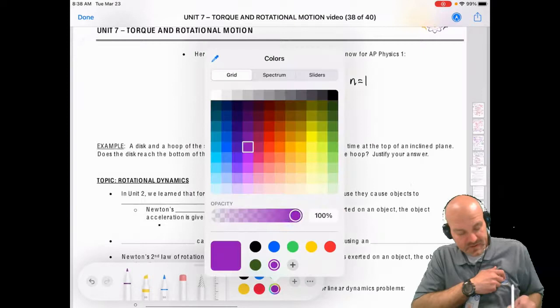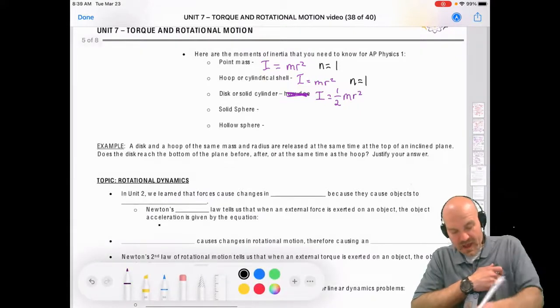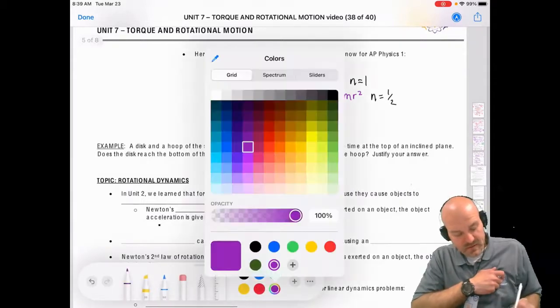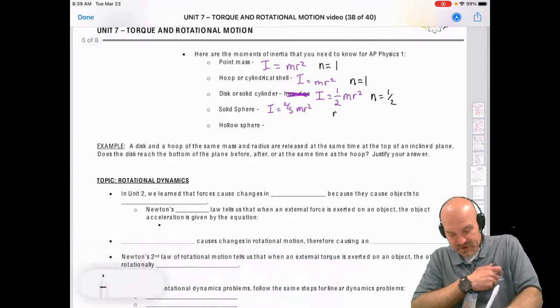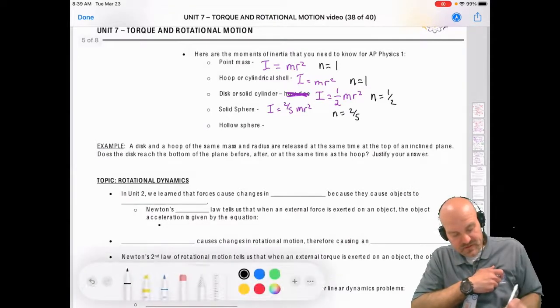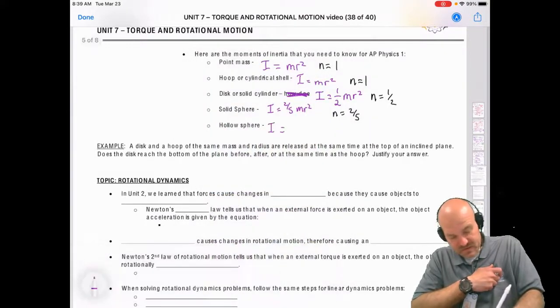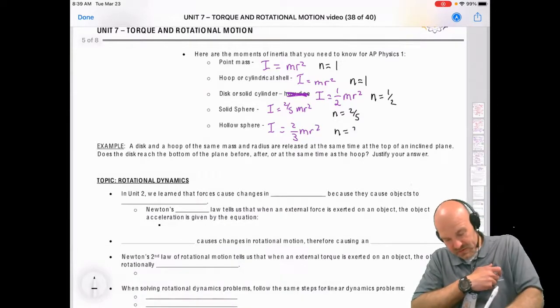Now for a disk or a solid cylinder, it's going to be 1/2 m r squared, where n is equal to 1/2. For a solid sphere, I would be 2/5 m r squared, so n will be 2/5. And then our hollow sphere would be 2/3 m r squared, and our n would be 2/3.